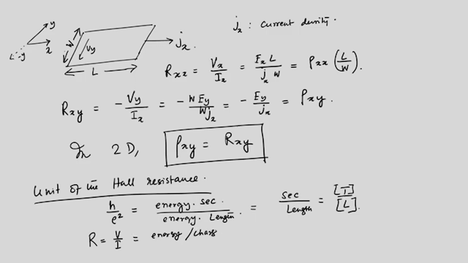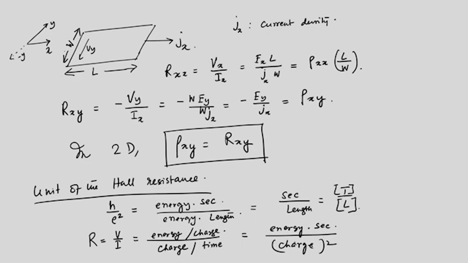So, this is energy by charge, and this is energy by time, and this is equal to again energy into second. This is not energy, this is charge by time, that is correct. So, charge square. So, this is the resistance.